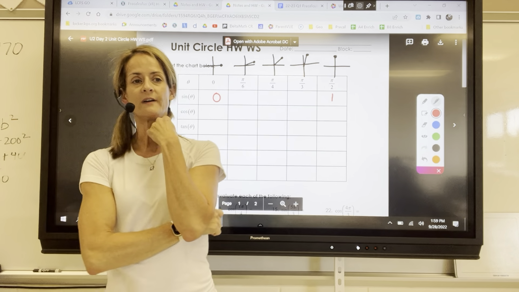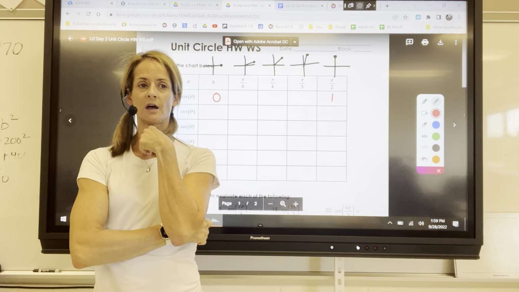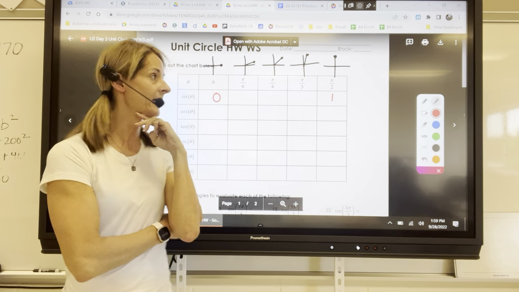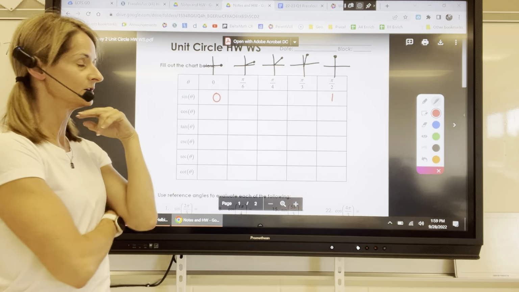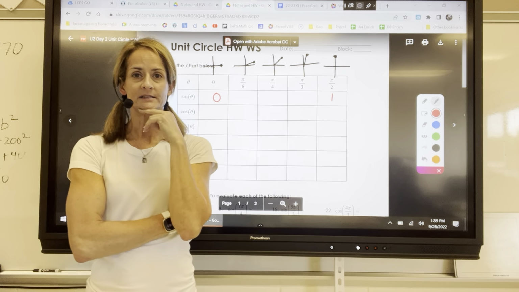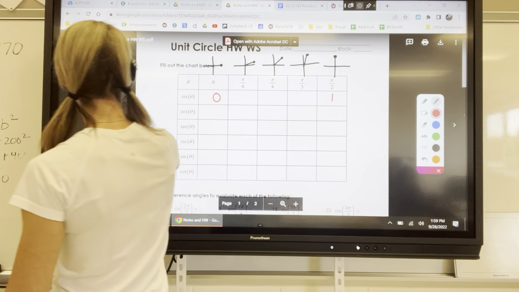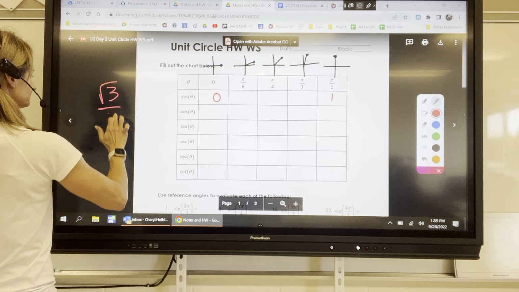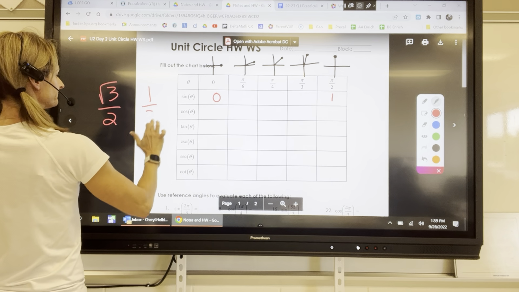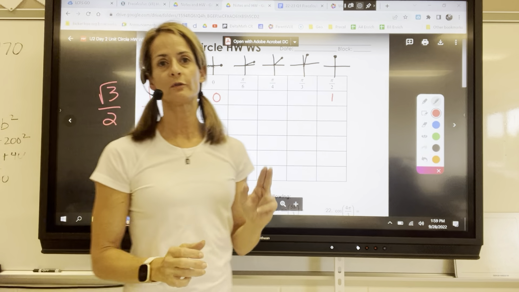Now we're going to use the values that we just worked on when we were filling in the unit circle for the other ones. The first one we did was pi over 6. That's a short angle, right? We've represented it right here. The x distance is longer than the y distance. And the two numbers that we are working with are root 3 over 2 and 1/2. The middle angle values are root 2 over 2 and root 2 over 2.